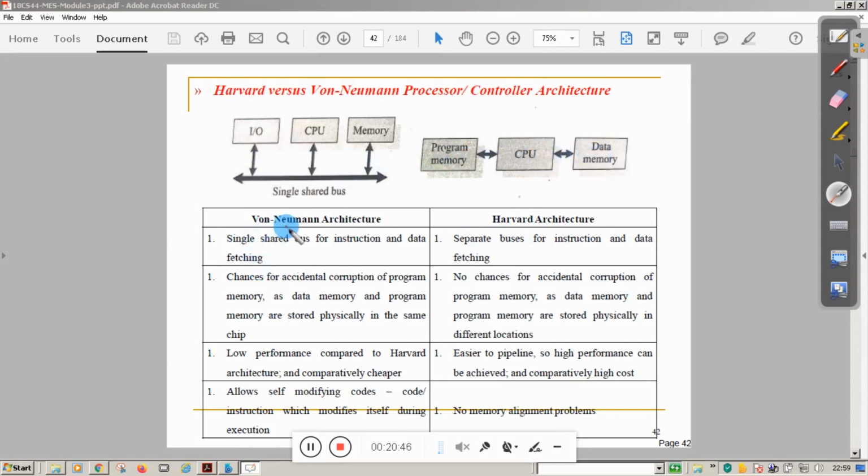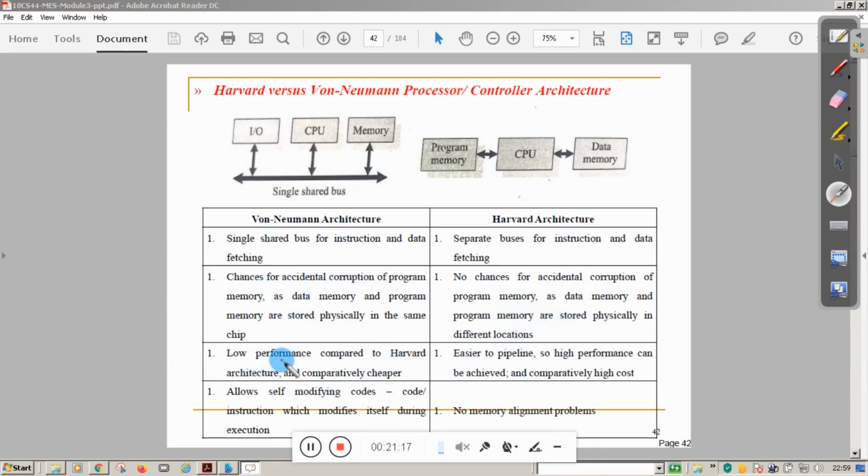In von Neumann, there is a single shared bus for instructions and data, and there is a lot of chance of accidental corruption of program memory, as data memory and program memory are stored physically in the same chip. In Harvard there is no chance of accidental corruption, because they are stored in different locations or different chips.